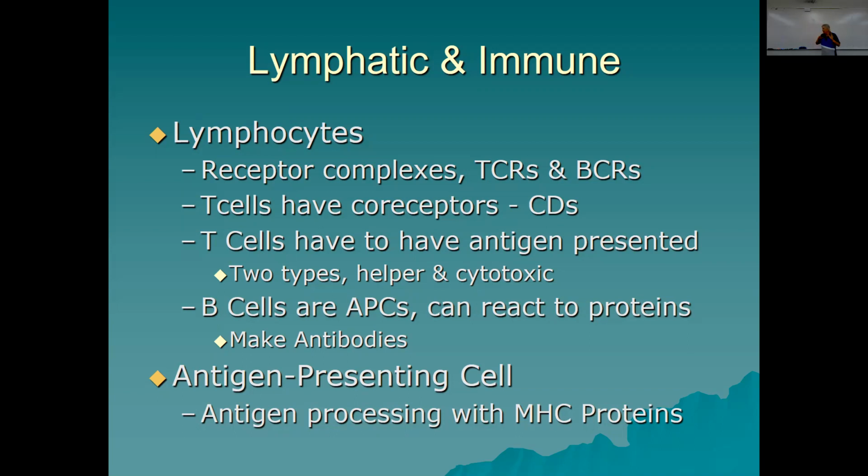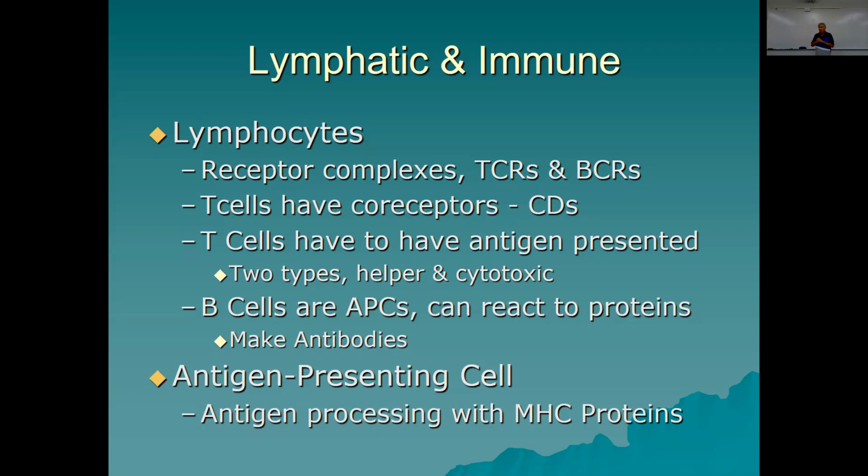And we're going to get into that later. We're going to get into the whole antigen presenting process with what are called MHC proteins, major histocompatibility complex proteins. And these are actually cell ID proteins.